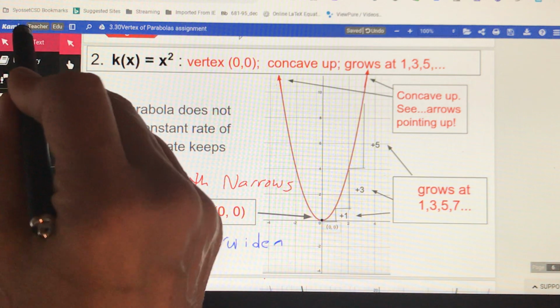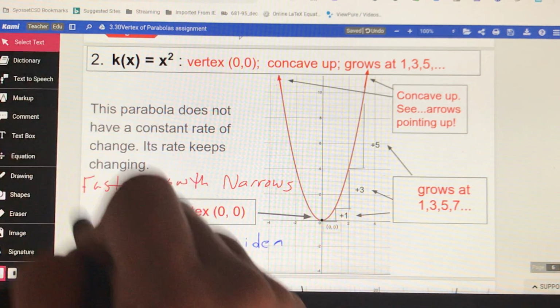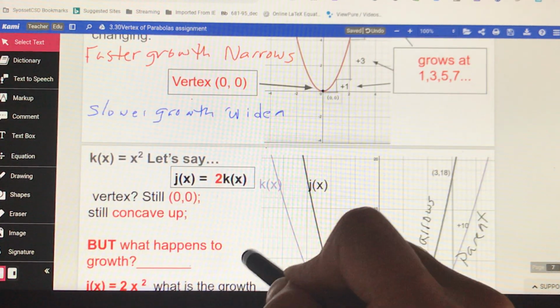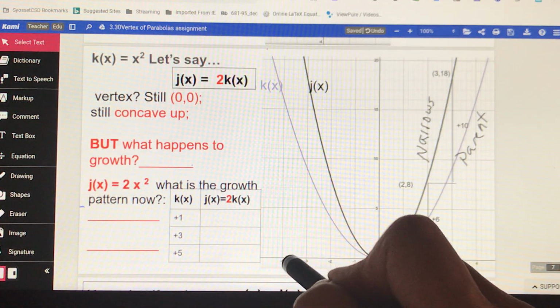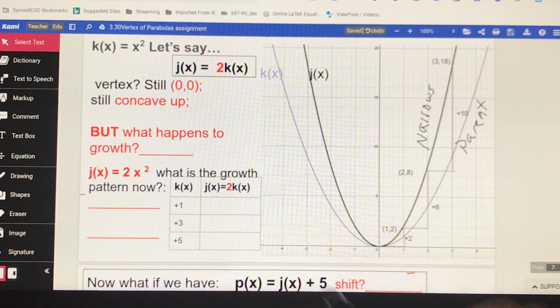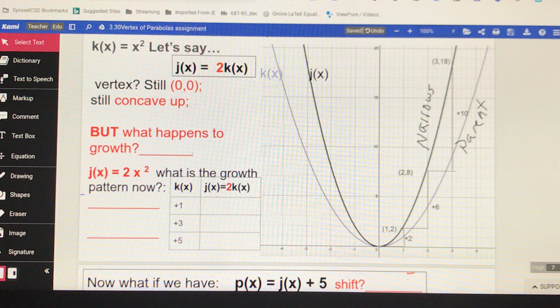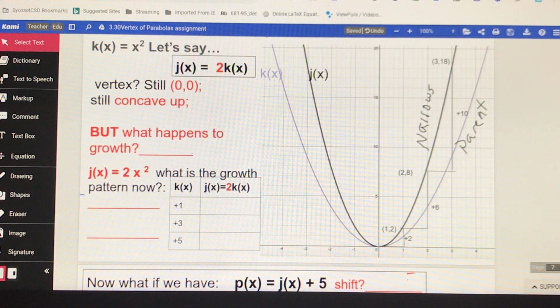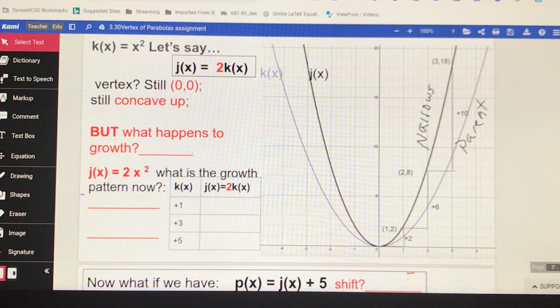So, what does that mean? Looking at the next slide, we're going to take that parent function, let's call it k of x equals x squared, and we're going to make a new function by multiplying a coefficient of 2 in front of the k of x. The vertex is still at 0, 0, still concave up because the lead coefficient is still positive, but what happens to the growth?